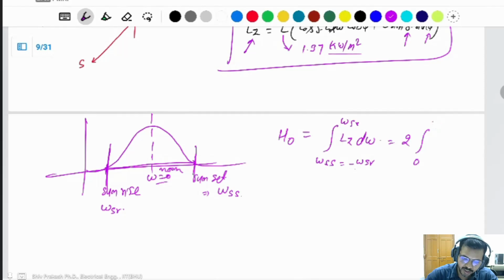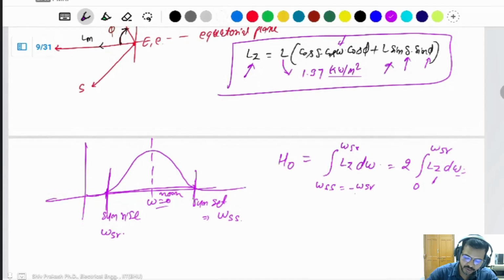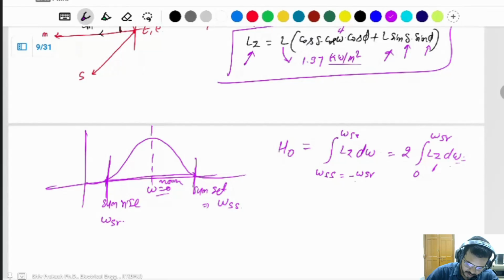So it will be omega SR, Lz d omega. The Lz I already calculated, then you can put it here and integrate. I want to directly integrate this one from 0 to omega SR.